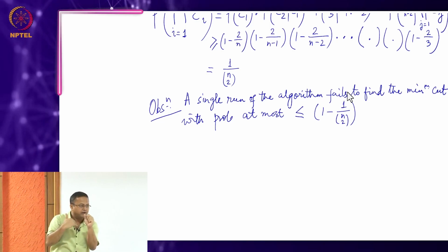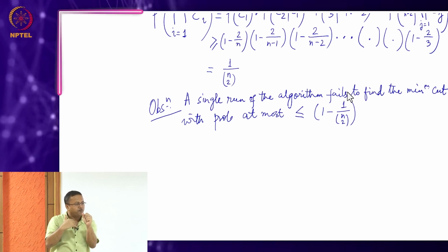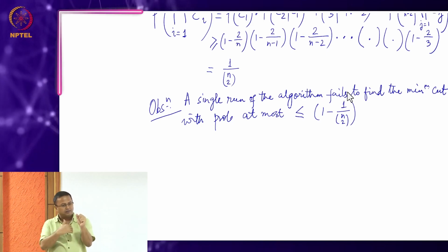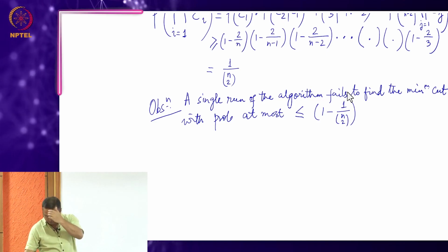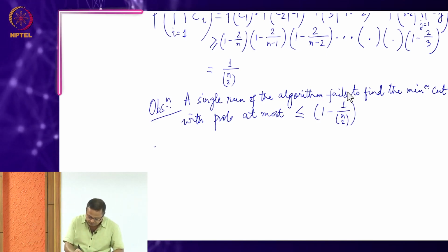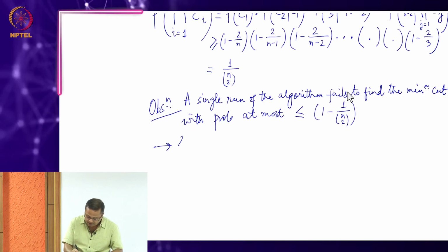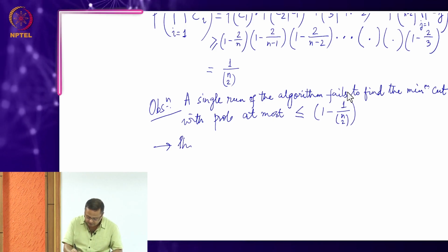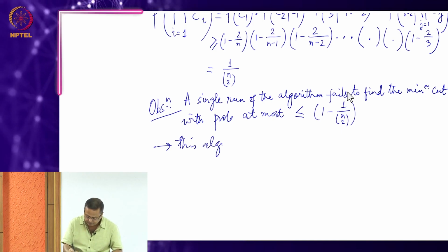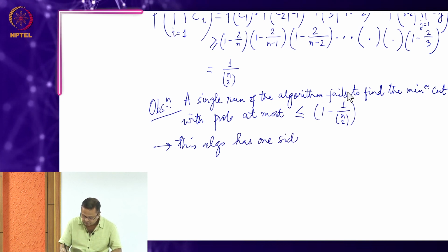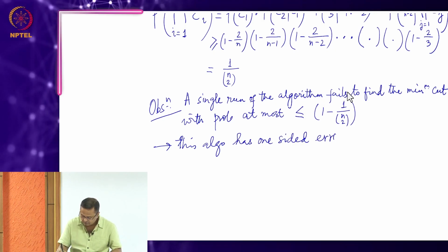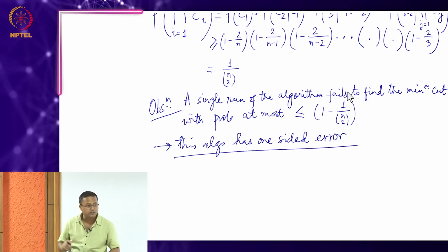So if you had erred, the cut size would obviously be greater than the min cut. You agree to this? So this algorithm has one-sided error.